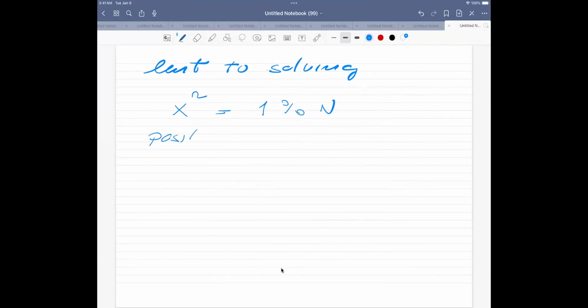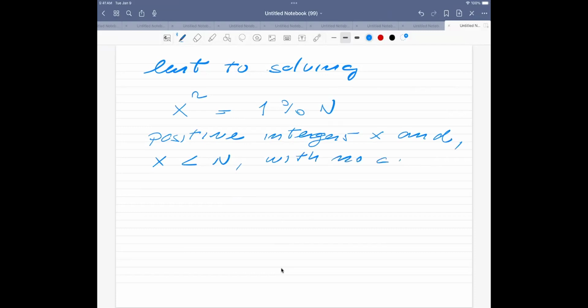So let me just give you some text as a background here. So we have positive integers x and n. And x is assumed to be smaller than n with no common factors. And this number r is called the order.